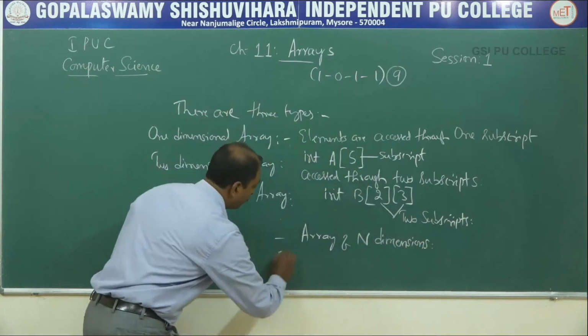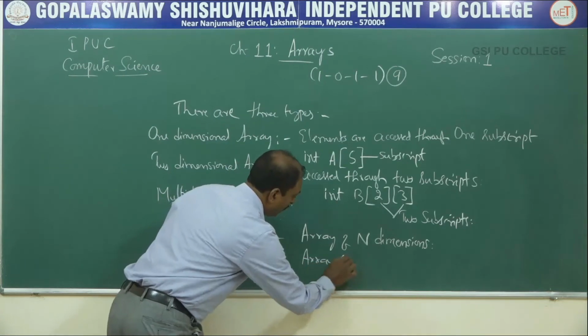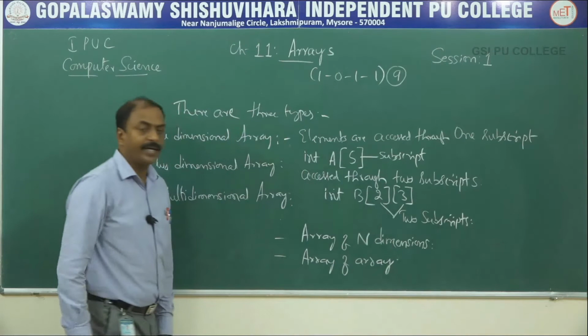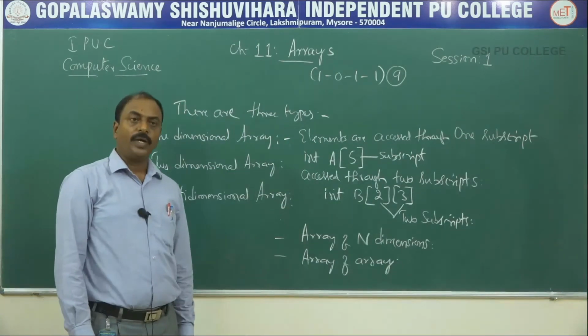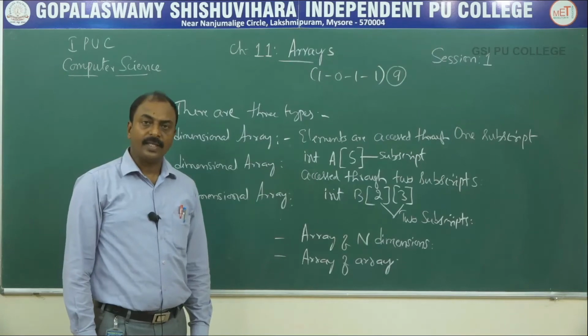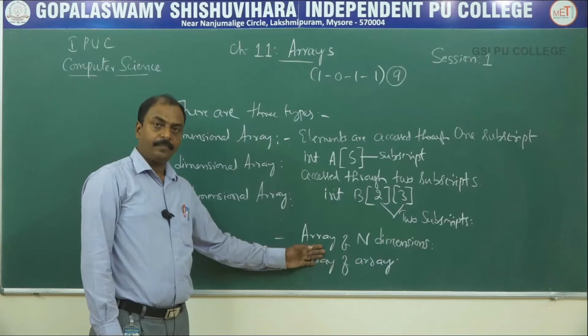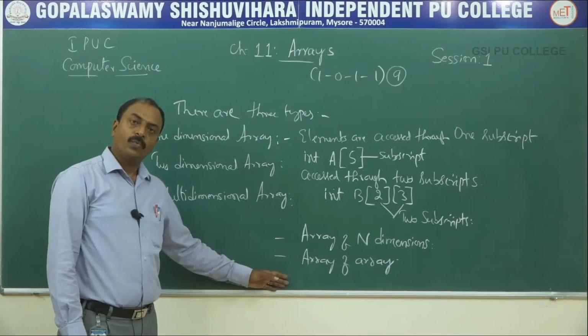Or in other words, we can say that an array of arrays is referred to as a multi-dimensional array. It is one array inside another array. Now let us discuss these different types of array one by one.